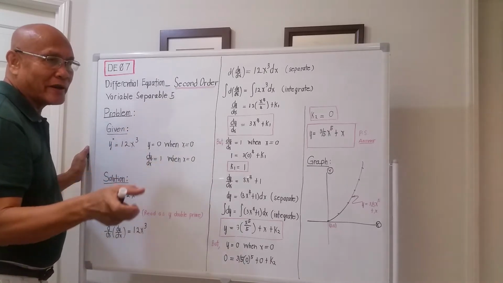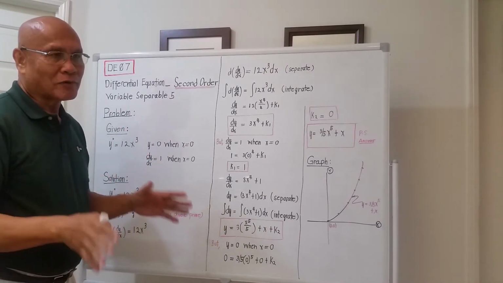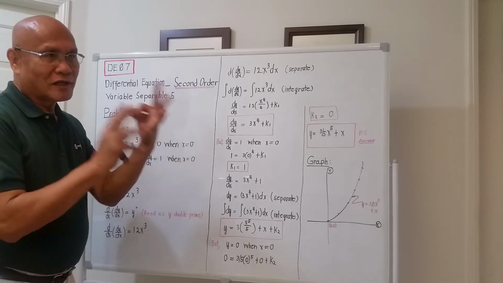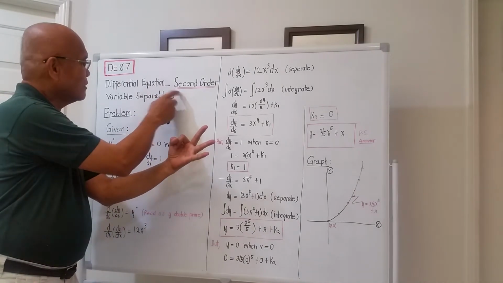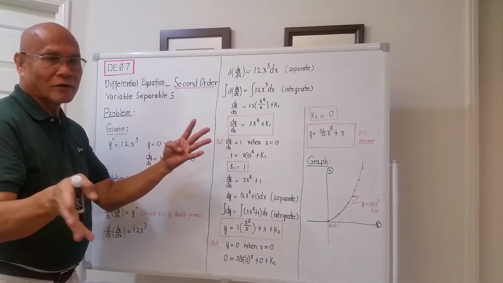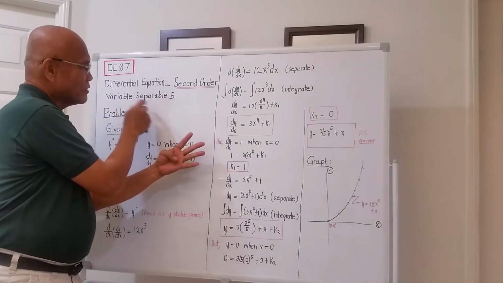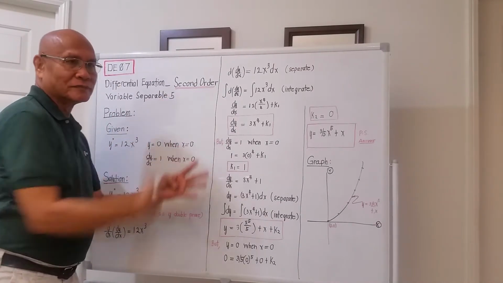I think this will be my fourth example on the variable separable, because the last three were first order variable separable. This is the fourth example now, but it falls under second order variable separable. So that's why this is 5.